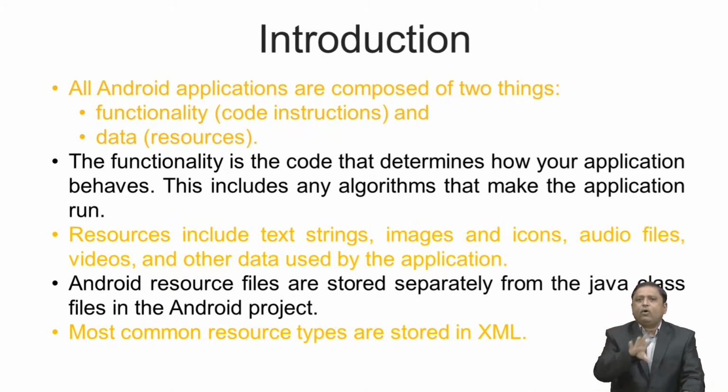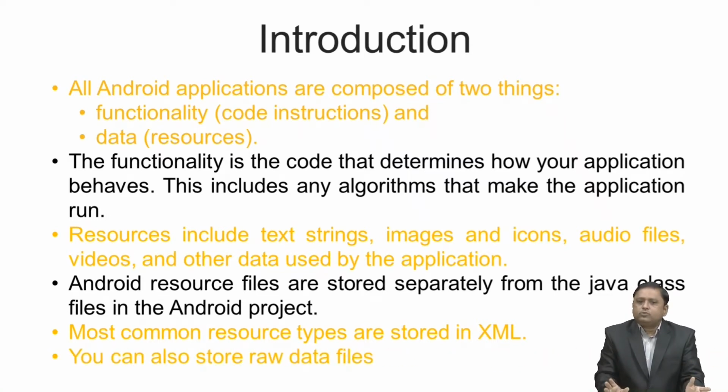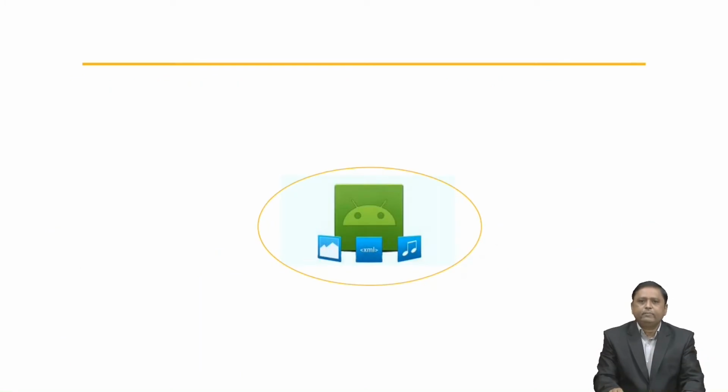Basically all these layouts are internally stored as XML. That XML part is hidden from you, but inside it is stored as an XML file. So most common resource types are stored in XML format. You can also store raw data files, that is audio, video, etc. So this is how we can use application resources along with coding part.